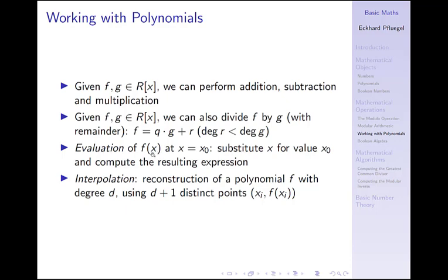So if you see your polynomial f as a function f of x, then it's quite straightforward to replace x wherever it occurs in your polynomial with a value, let's say x0. So you do this substitution, obtain effectively an expression involving integers. So you just do simple integer arithmetic and you will obtain a number, and that is called the evaluation.